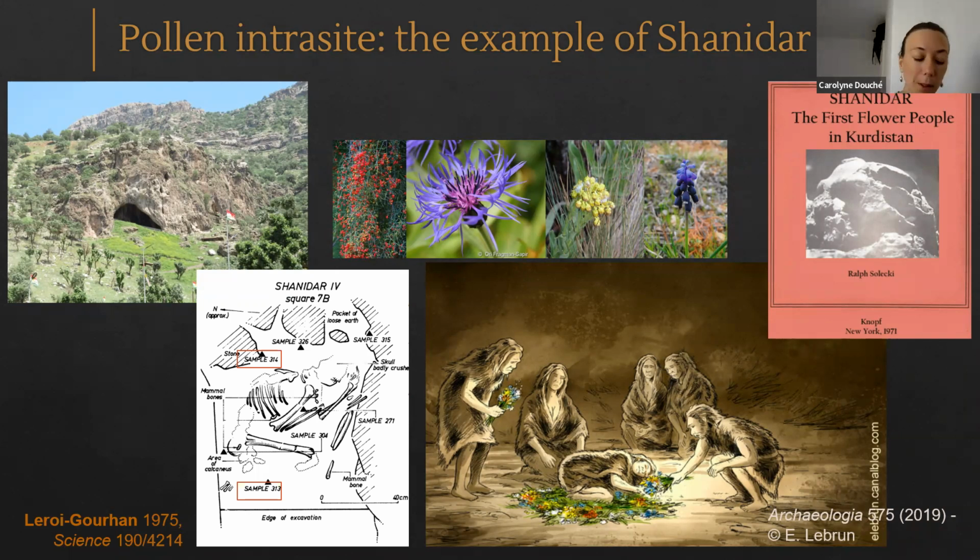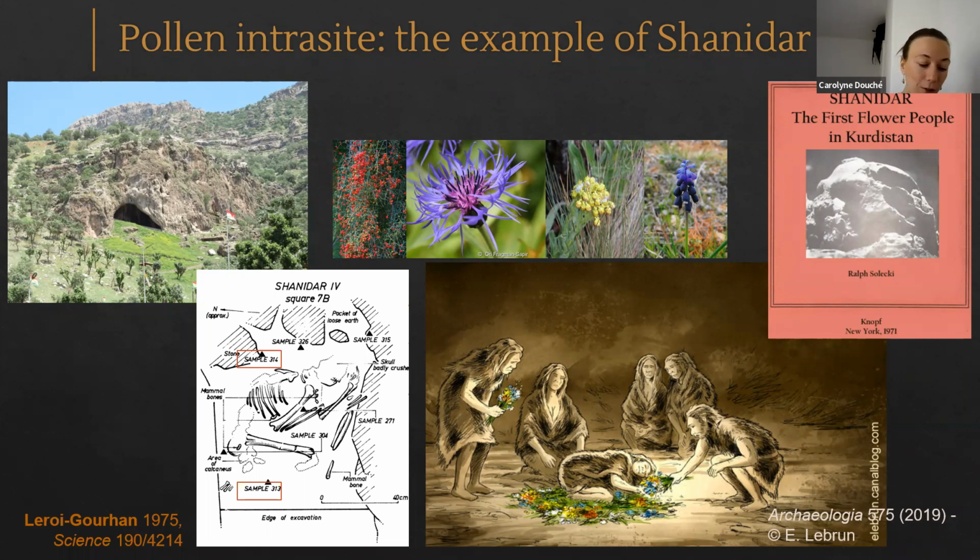Several samples were collected by Arlette Leroi-Gourhan in the 1960s. Two of them, highlighted with the red square on the sketch on the bottom left, were very rich in pollen and even included the remains of anthers, suggesting the presence of complete flowers in the burial.